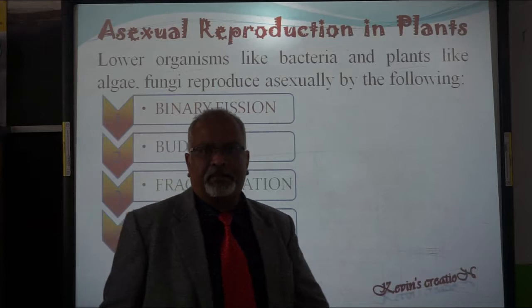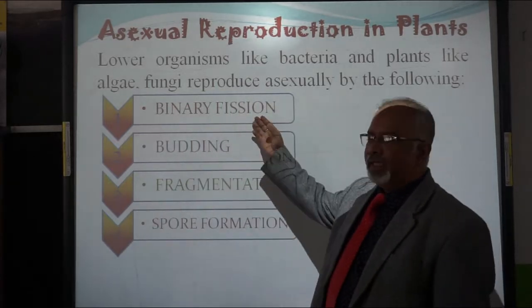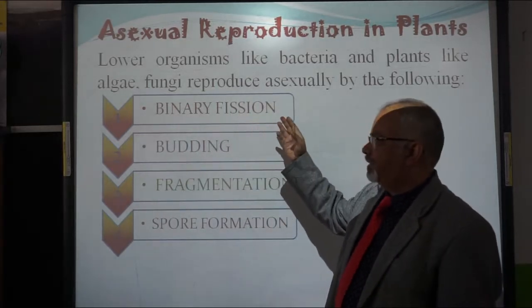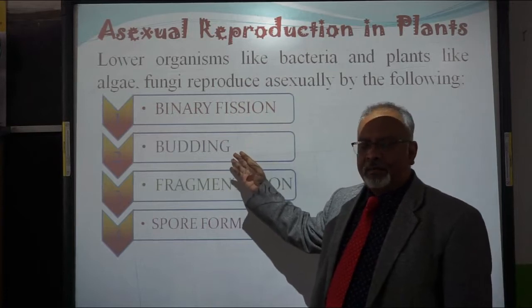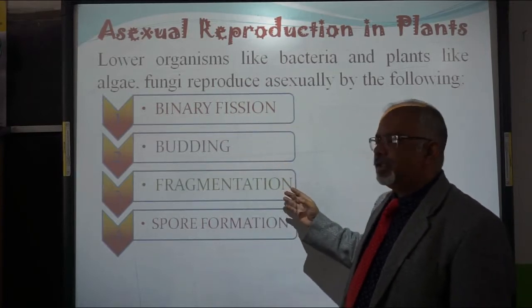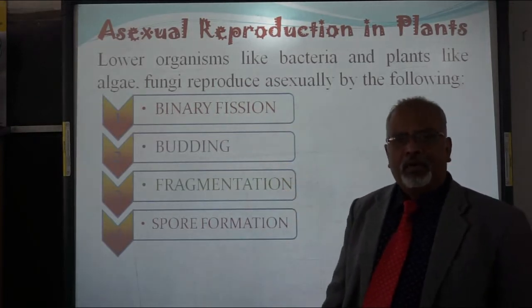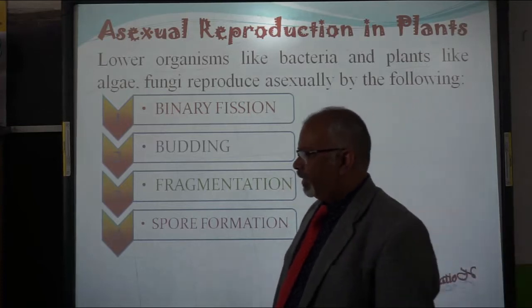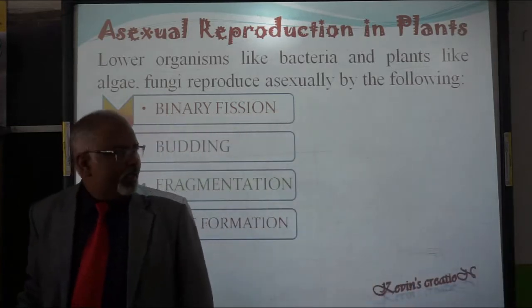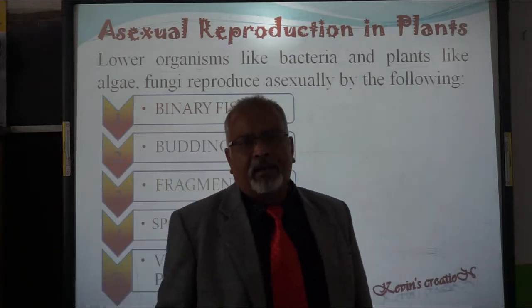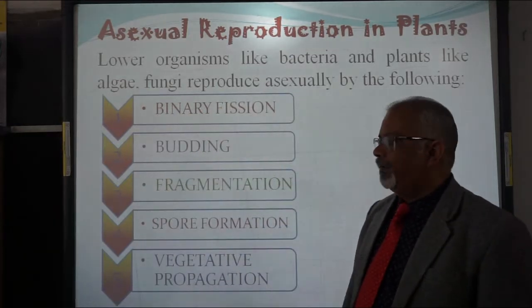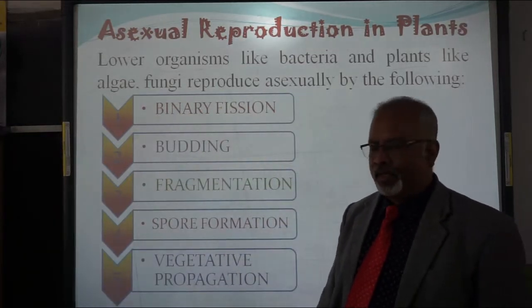Here you can see binary fission, which we did in the previous class. Next is budding, fragmentation, and spore formation. One more is there, but that is done in the higher plants, which is known as vegetative propagation.